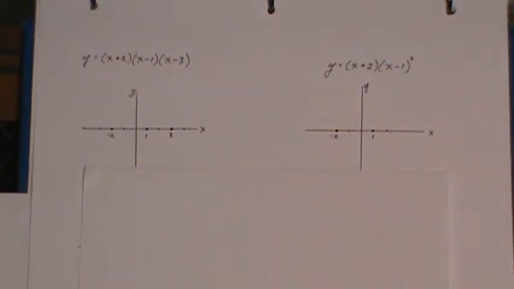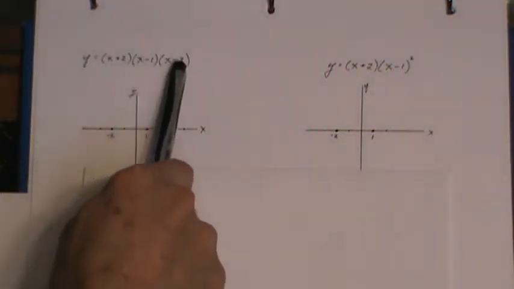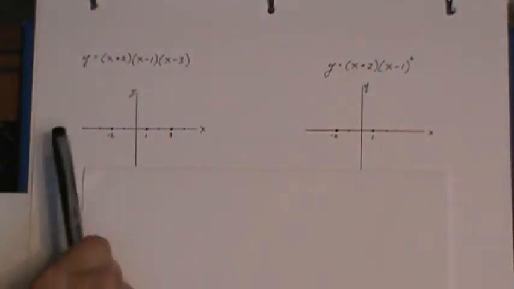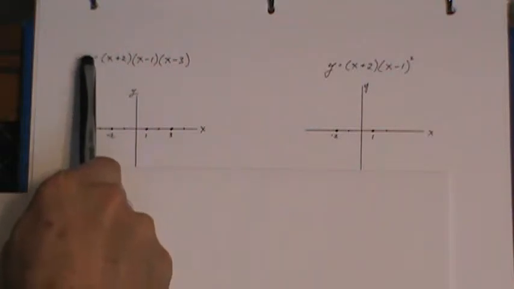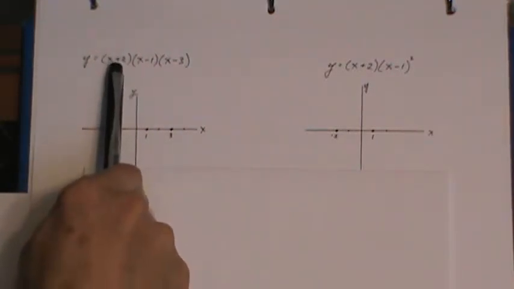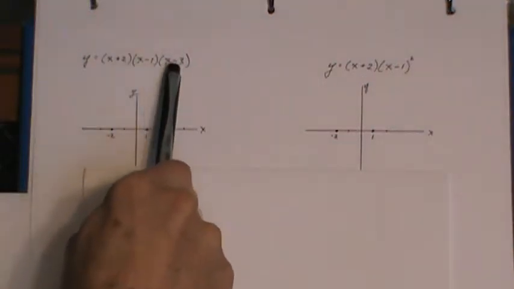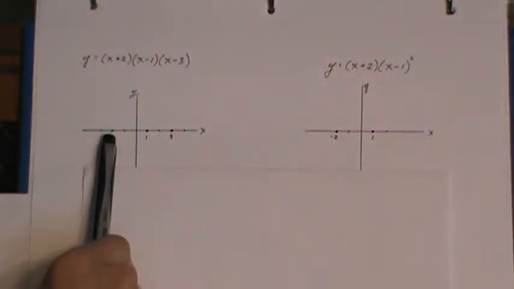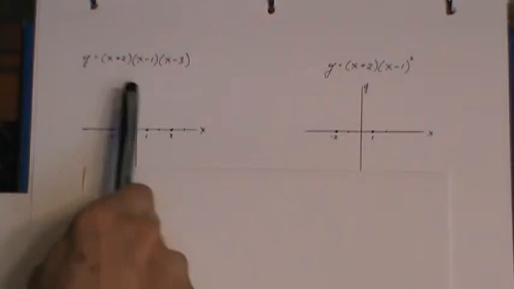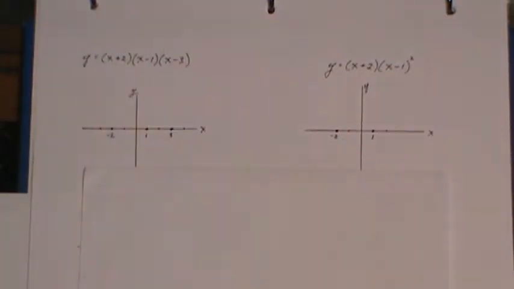Now, if you're given the equation in factored form, it's very easy to draw the graph. For example, if you're given these factors, there are 3 numbers that will make the y 0. X could be negative 2, positive 1, or positive 3. So these are the 3 places that this graph will cross the x-axis.